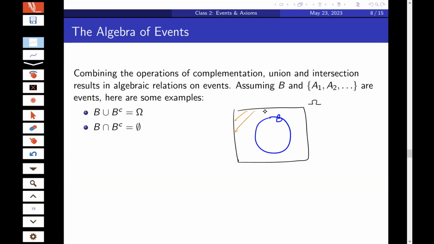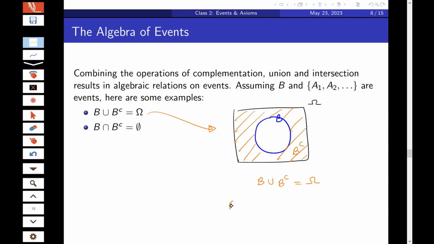So the orange part is B complement. If you take the union of B and B complement, because there is no intersection between B and B complement, it is like a partition of omega. So you will get the entire sample space if you take B union B complement.